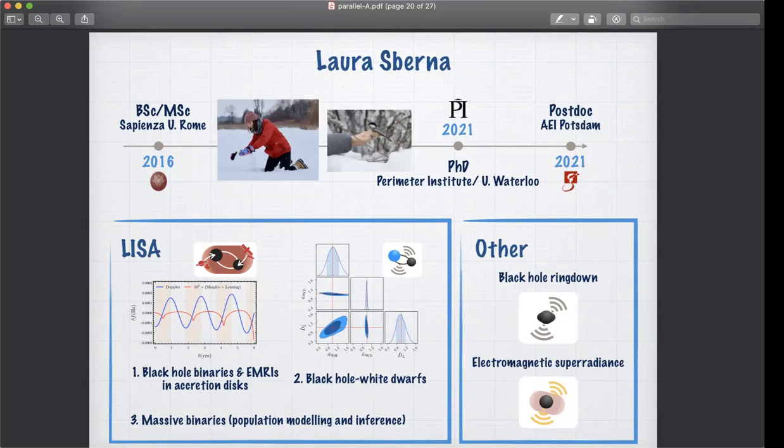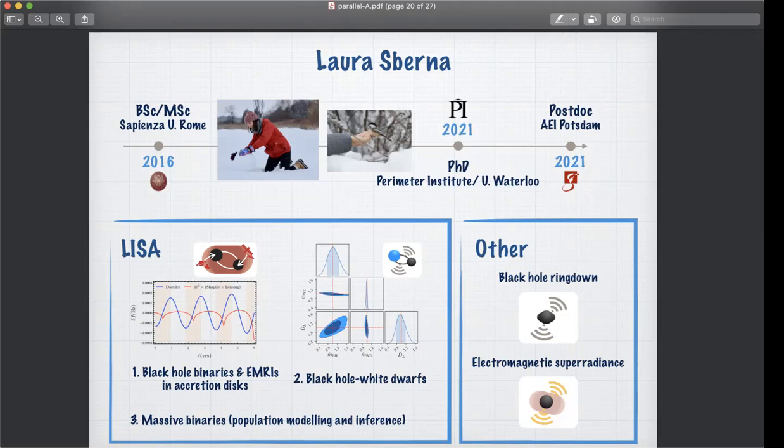And one common theme has been the study of environmental and matter effects in LISA gravitational wave sources. So one example of this are binaries, black hole binaries, similar to the LIGO and Virgo binaries, located in very dense environments, such as the AGN accretion disks.